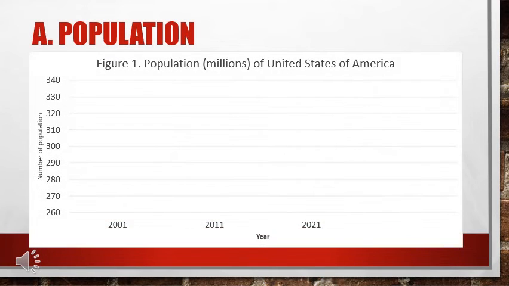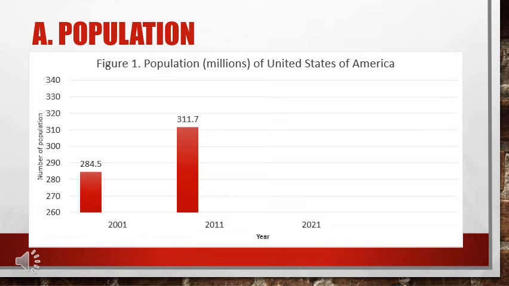Figure 1 shows the number of populations in United States of America. In 2001, USA has 284.5 million people. In 2011, their population became 311.7 million people, and in 2021, they have a population of 332.3 million people.